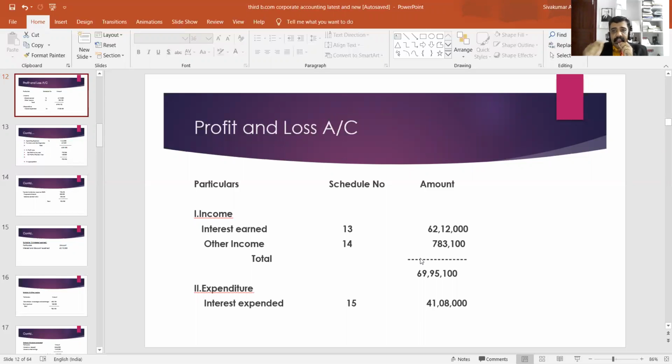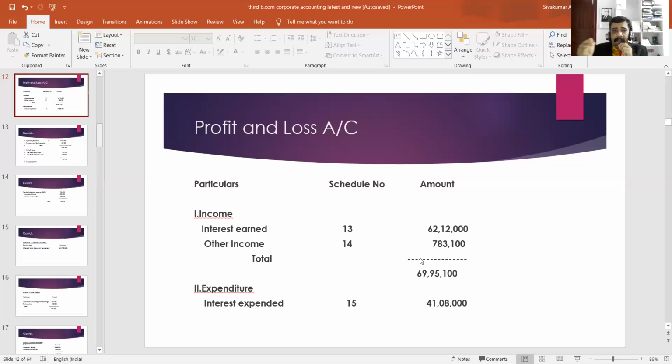That means each and every commercial bank has to follow the relevant provisions of the Banking Regulation Act while preparing its financial statements like the profit and loss account and balance sheet. It need not follow either Ind AS or IAS. It has to follow only the relevant provisions of the Banking Regulation Act 1949.